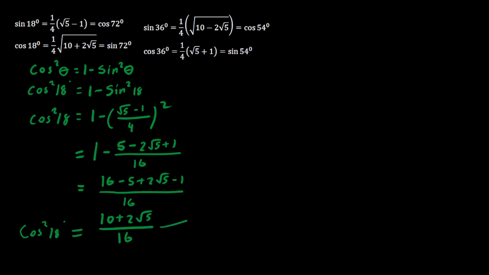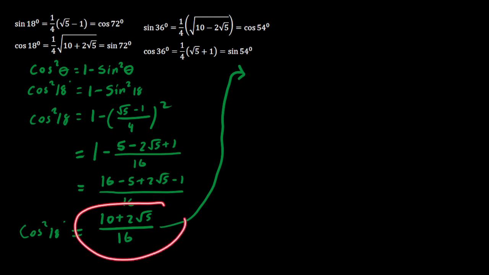Alright, so now what we can do is take the square root. Notice that this is cos squared 18, not just cos 18. So we have to get cos 18, so we have to take the square root of this side. But to do that, we also have to take the square root of this side.